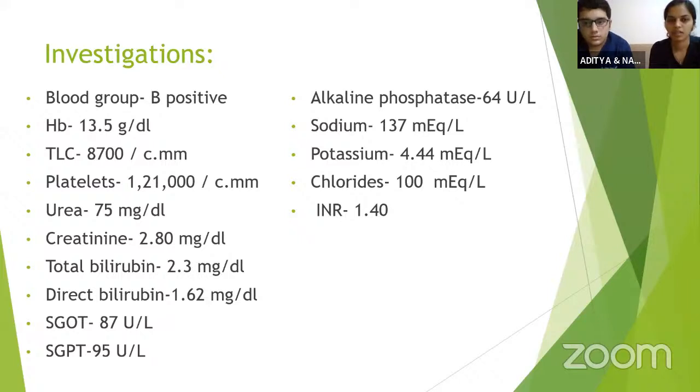First, we will optimize the intravascular volume status, sir, by giving goal-directed fluid therapy. We aim for a systolic blood pressure of at least 100 mm Hg and urine output of at least 0.5 ml per kg per hour. And we also look for signs of dehydration, if any, to know the intravascular volume status.